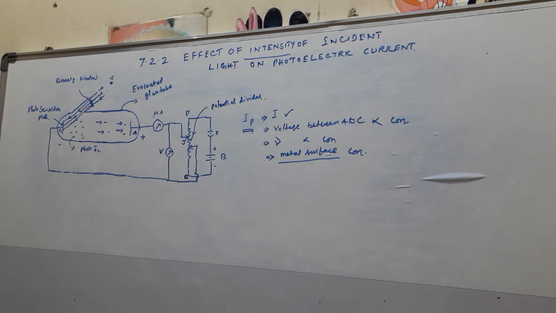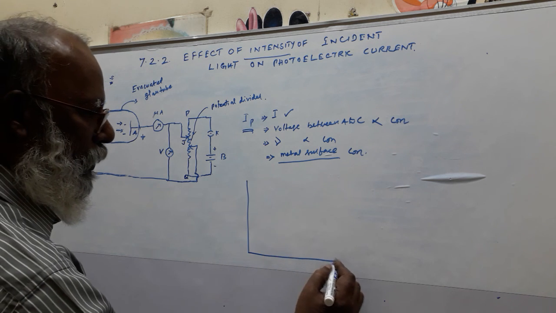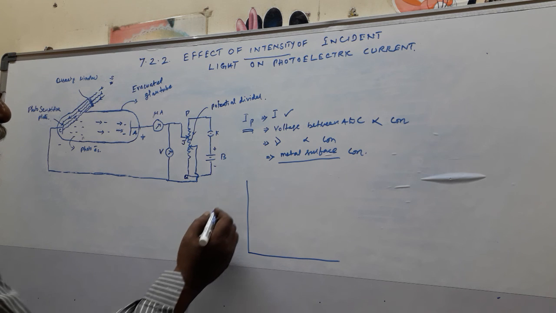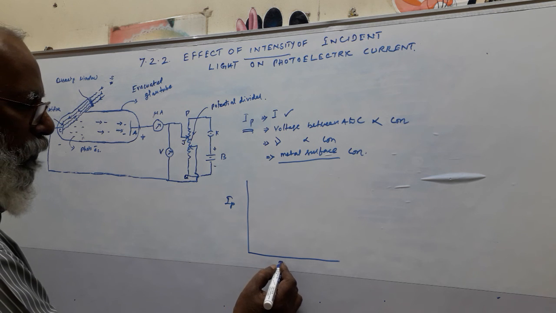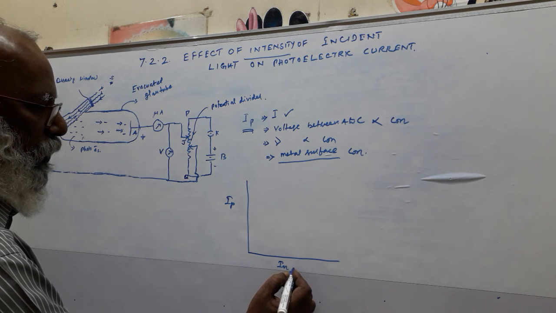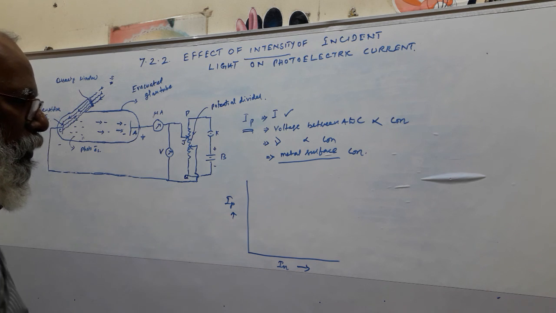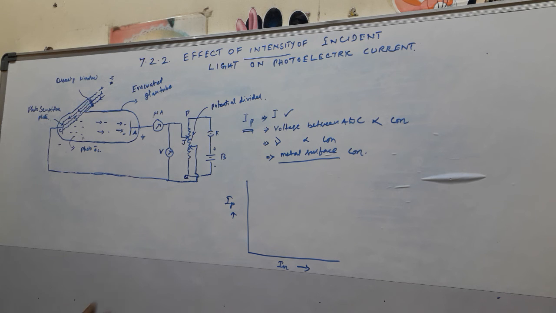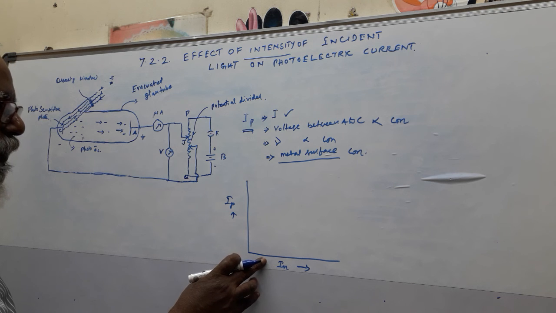Now, if you want to draw a graph, like as shown in the figure, the photoelectric current IP is on the y-axis, and the intensity of the incident rays is on the x-axis. What happens when you increase the intensity of the incident rays?